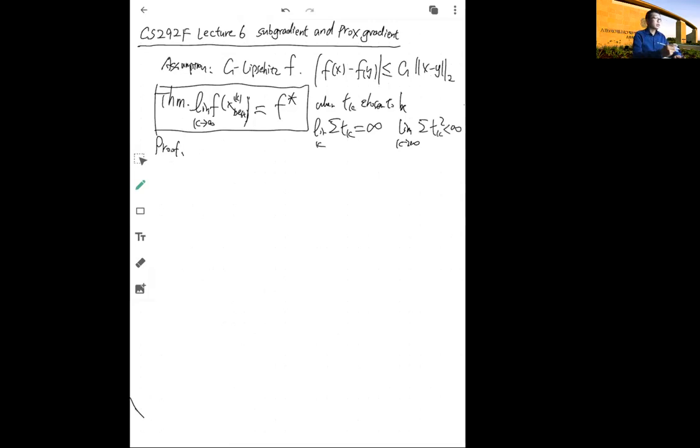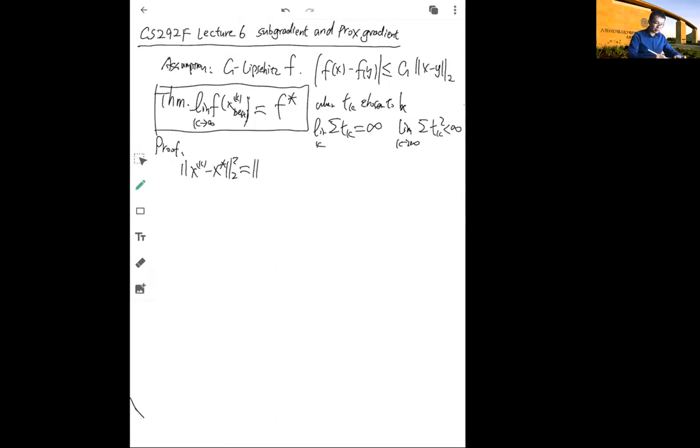Okay, let's prove this. We start by writing the distance of the current iterate to that of the optimal solution. And the first thing that we do is to substitute the algorithm.